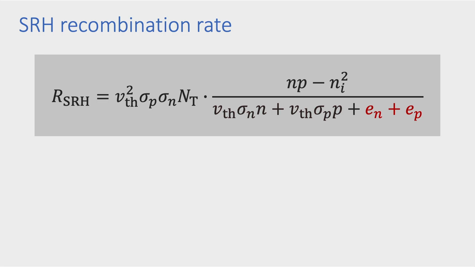Finally, the last two terms in the denominator are the emission coefficient, which indicate the rate of carrier emission. This is a rather complex equation and the mathematical derivation is omitted in this lecture. For more information, I refer you to the Solar Energy book.